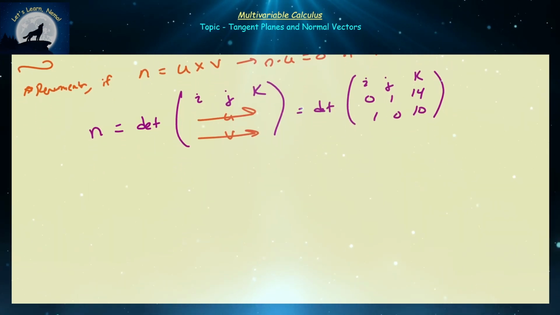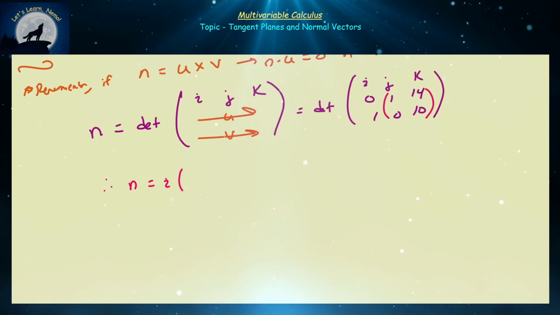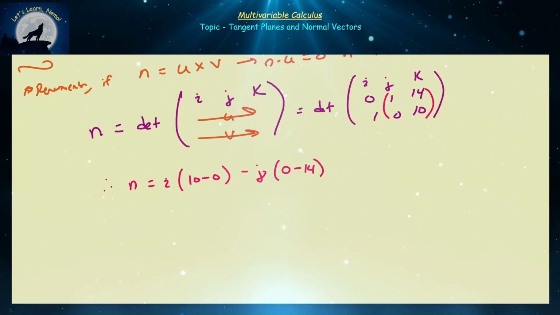Right? Let's expand across row 1 to figure out what this determinant will be. So we're going to have n is equal to i times the determinant of the associated submatrix. So that's going to be 10 minus 0. And then we're going to have minus j times the determinant of that submatrix. So 0 times 10 is 0, minus 14 times 1 is 14. And then we're going to have k, and then 0 times 0 is 0, minus 1 times 1 is 1.